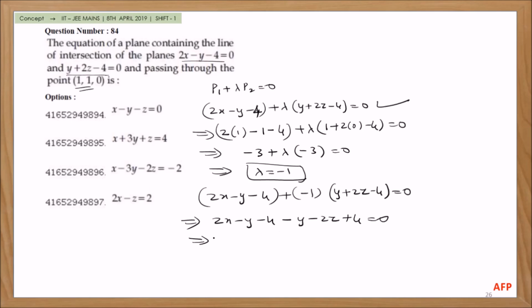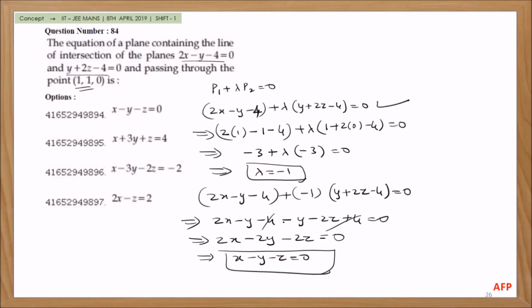Which is nothing but 2x minus 2y minus 2z, after cancellation, is equal to 0. Which is nothing but x minus y minus z is equal to 0. So this is the equation of the plane passing through the line of intersection of these two planes and through this point. So here the first option it follows.